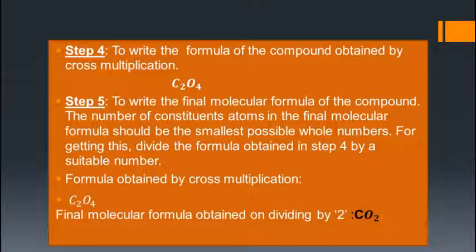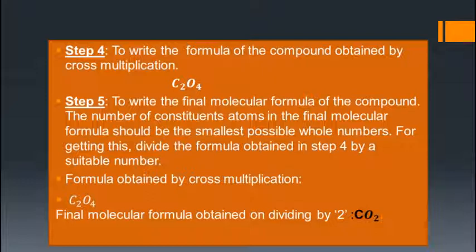Now step number 5 is to write the final molecular formula of the compound. The number of constituent atoms in the final molecular formula should be the smallest possible whole numbers. For getting this, divide the formula obtained in step number 4 by a suitable number. So students, here we have to reduce the formula to the smallest possible whole numbers.